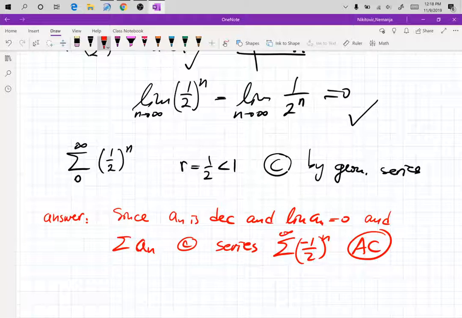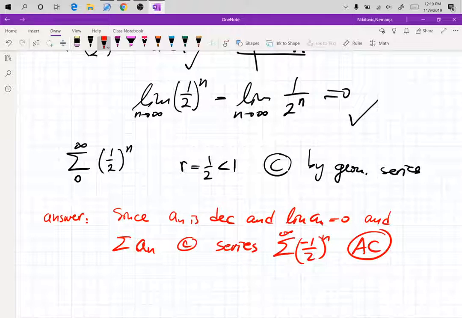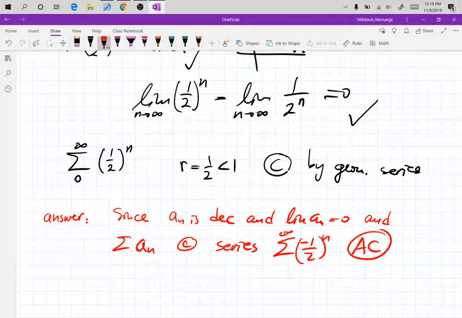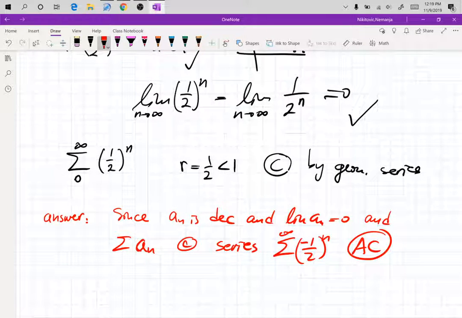So a_n is decreasing and the limit is equal to 0. Those are the two conditions that put us on the convergence branch. Once you have the convergence branch, then you work out your summation of a_n without the (-1)^n part, and that one can converge or diverge. If it converges, it goes to absolute convergence.